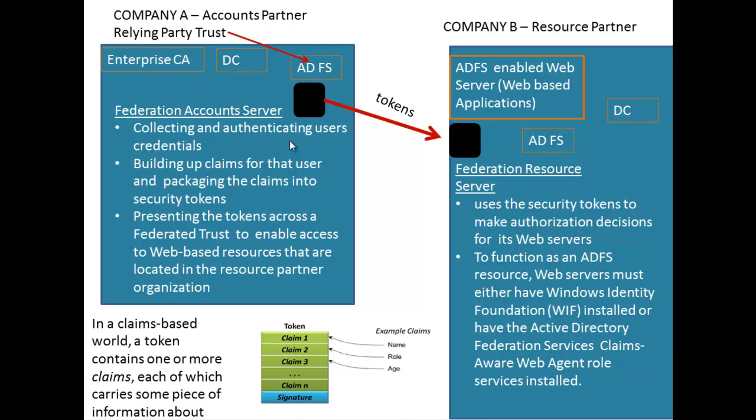And then that token with the claims is presented to the Federation server in Company B, and the Federation server in Company B will then look at the authentication token and determine whether or not it will let that particular user or users access the local servers in Company B that contain the resources.